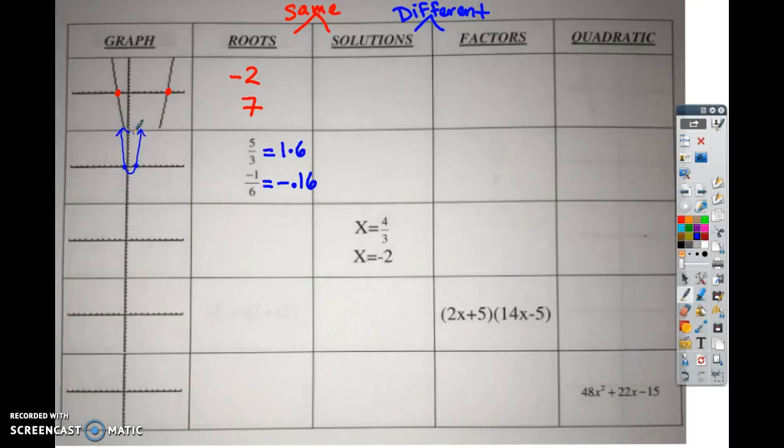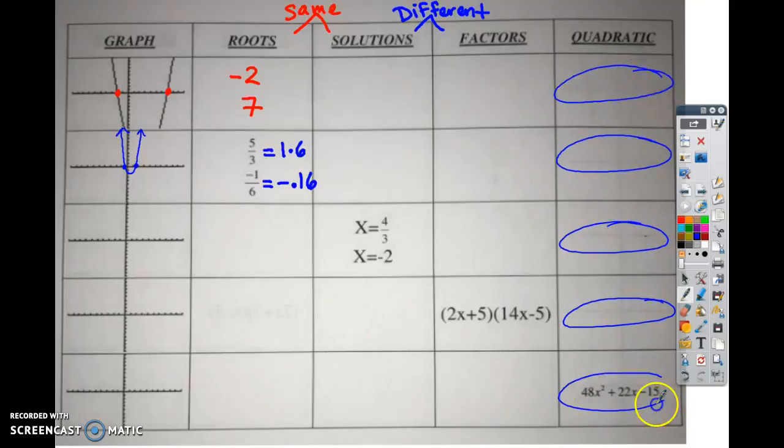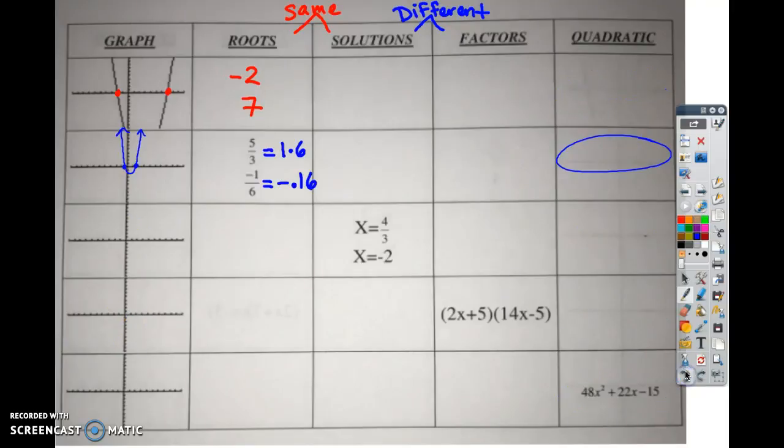But also remember that once you get the quadratic, you can always put it in y =, hit trace, and that'll show you what the graphs are going to look like over here on the left side. All right, so let's continue. Remember, roots and solutions are the same.